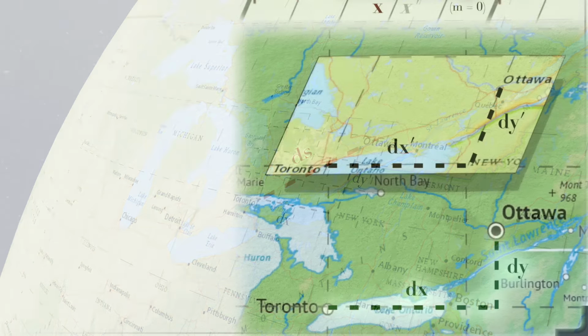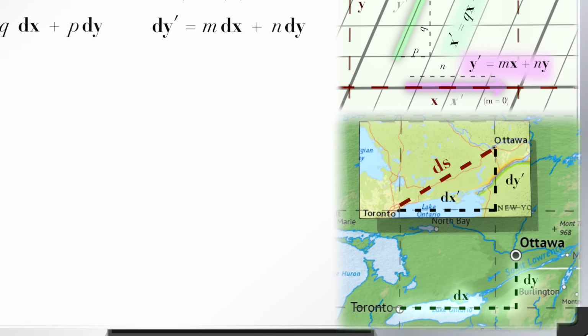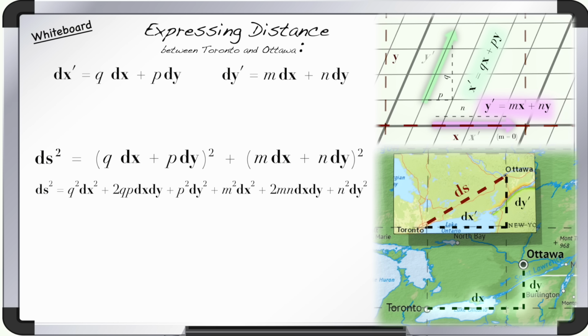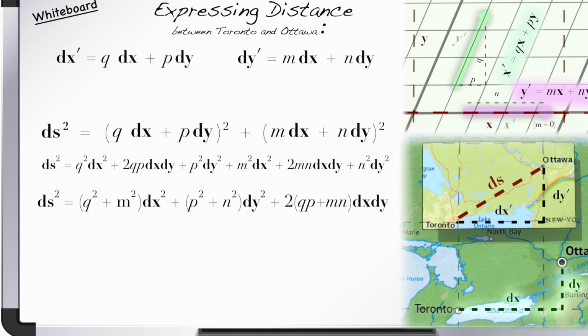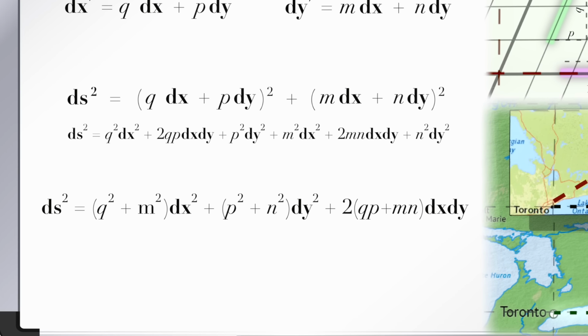So the true distance between these two locations is simply the Pythagorean relation dx prime squared plus dy prime squared. Substituting the map coordinate expressions of these intervals into the equation, then expanding out and collecting terms, we get a new expression for the true surface distance, but now in terms of our map coordinates, dx and dy.